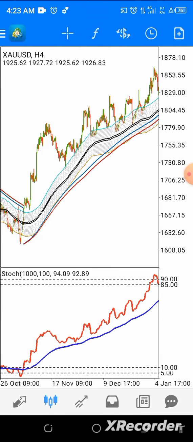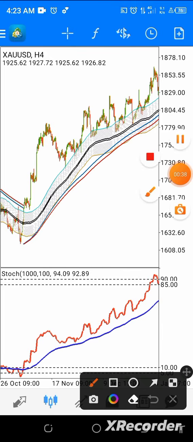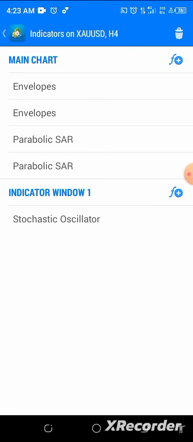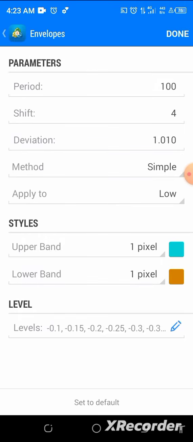Firstly, before anything, let me share with you the settings. You go to your F sign, you click your F sign. We use double envelope. The first envelope, period is 100, shift is 4, deviation is 1.010. Method is simple. You apply to close, to low, then levels.